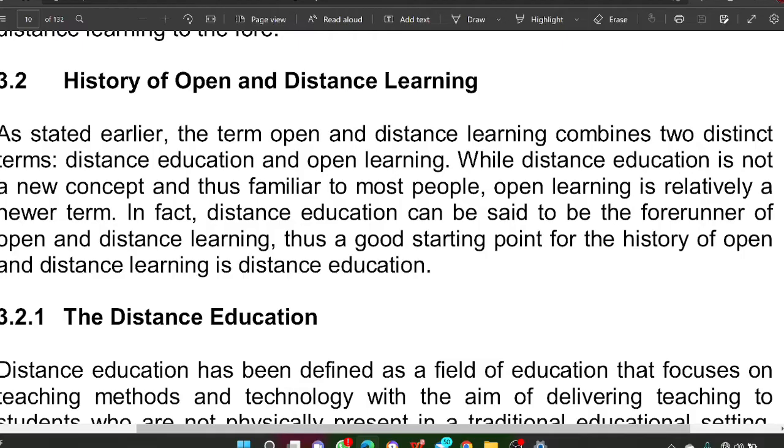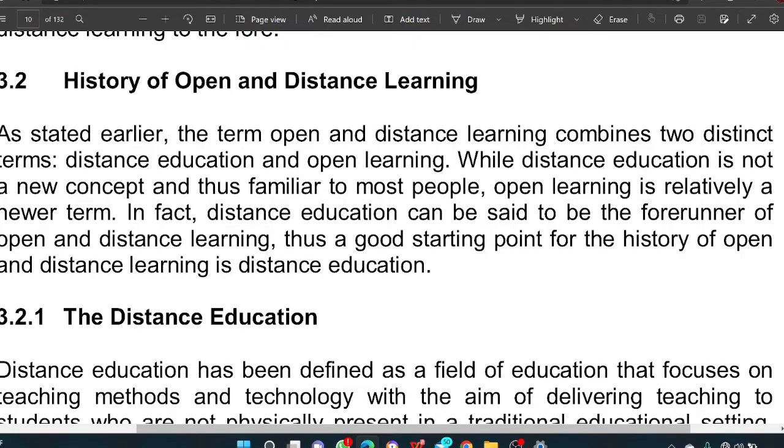In fact, distance education can be said to be the forerunner, the progenitor of open and distant learning. Thus, a good starting point for the history of open and distant learning is distance education.